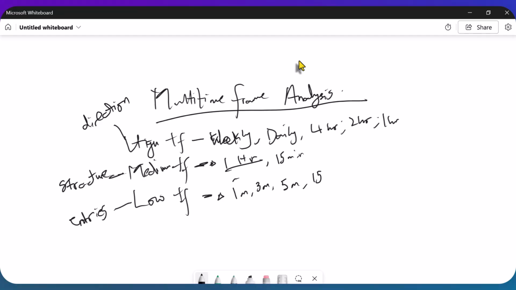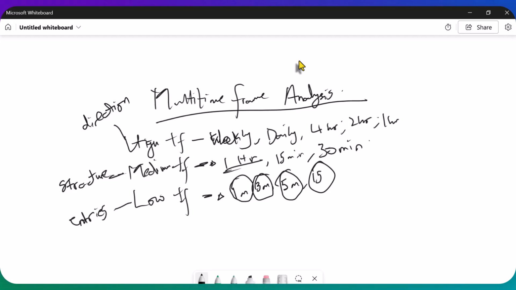So if you are scalping, you use 1 minute, 3 minutes. If you are day trading, you use 5 minutes, 15 minutes. And if you are maybe a swing trader or a position trader, probably that's when you start using the 1 hour, the 4 hours. Also 30 minutes as well for structure. Yeah. 30 minutes, 15 minutes, 1 hour.